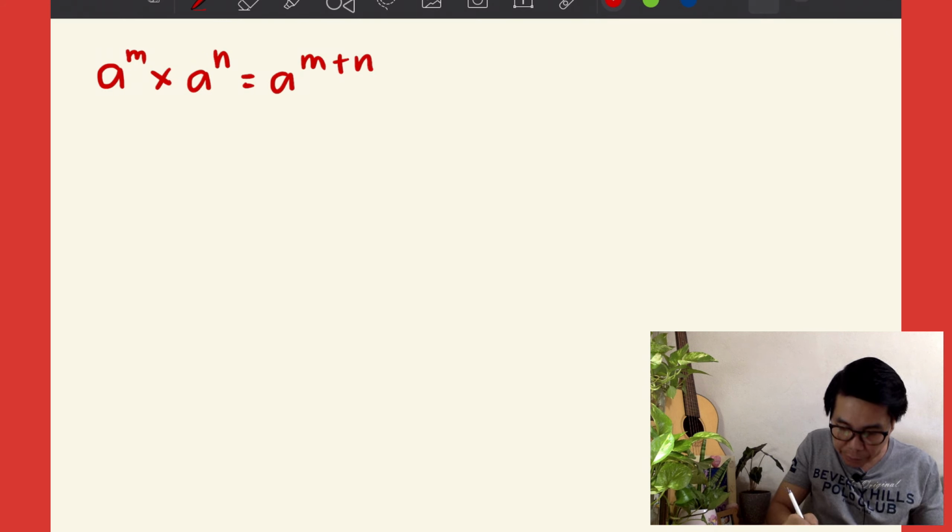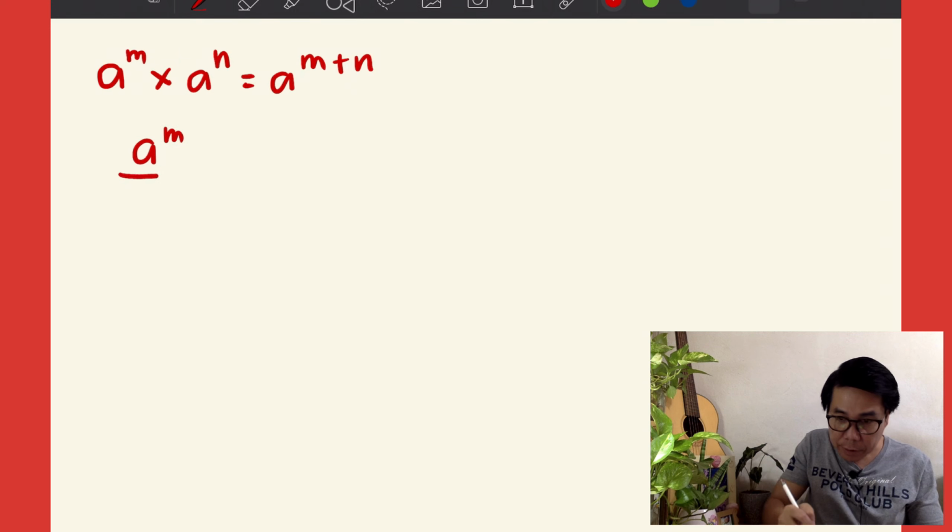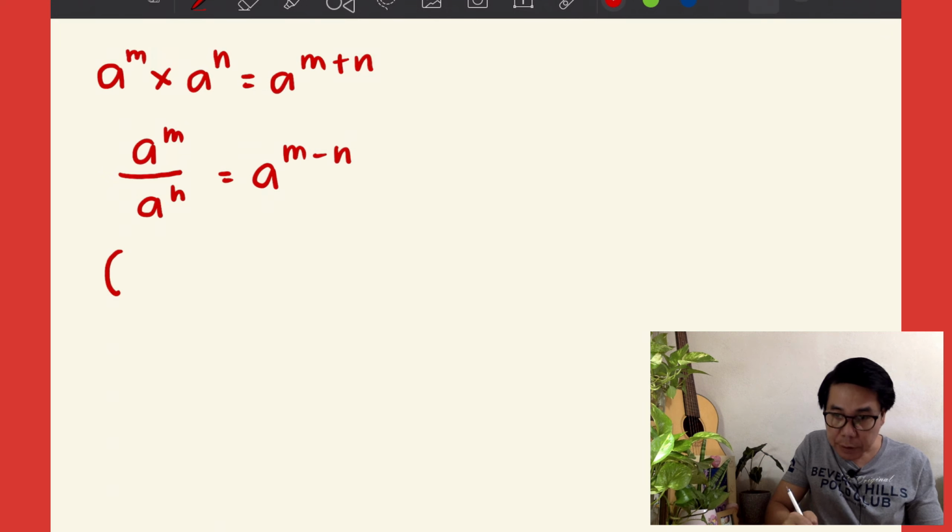If we have a raised to the power of m divided by a raised to the power of n, we have a raised to the power of m minus n. And if we have a raised to the power of m, raised to the power of n, that is equal to a raised to the power of mn.